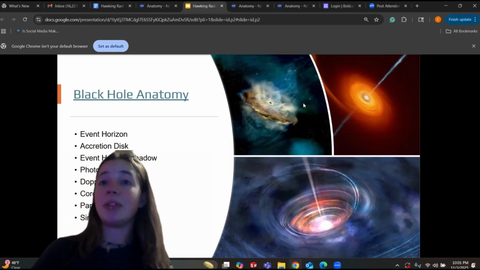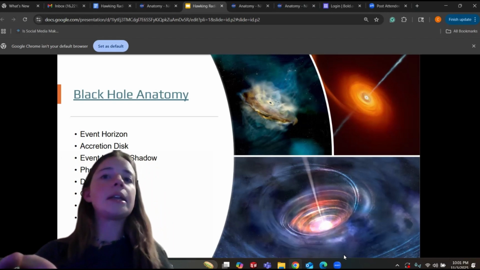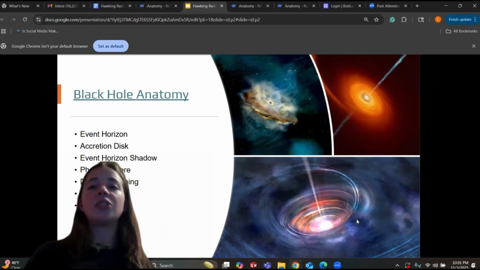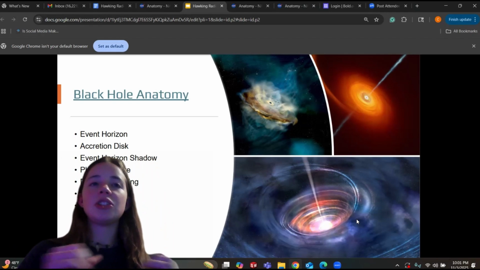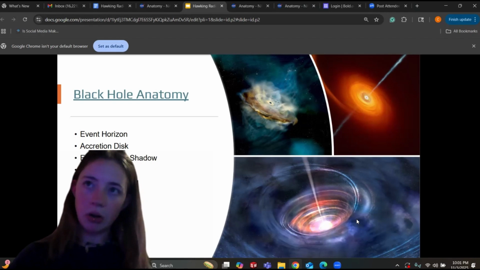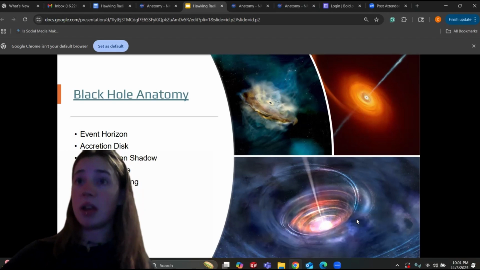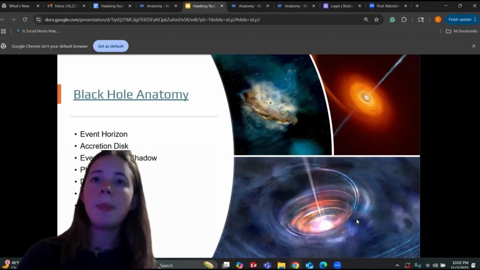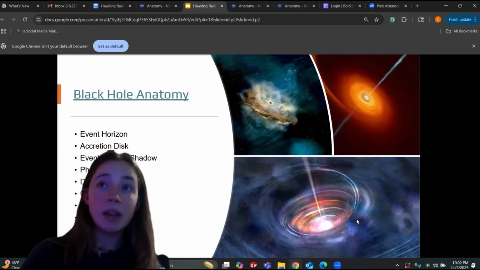Similar to that, we have these particle jets, which are featured well in these two photos. Again, we don't know a ton about them, but we know that they are formed from the inner layers of the accretion disk, and it's just these fast-moving particles that have been rerouted from the accretion disk, moving in opposite directions from this black hole, and they move close to the speed of light.